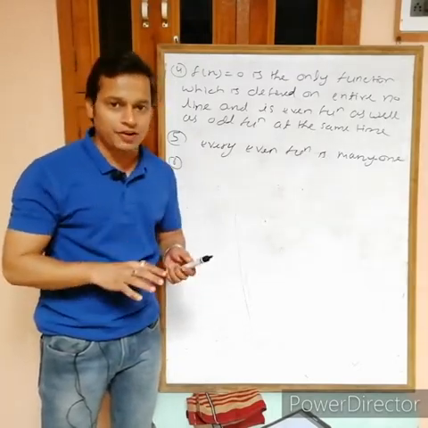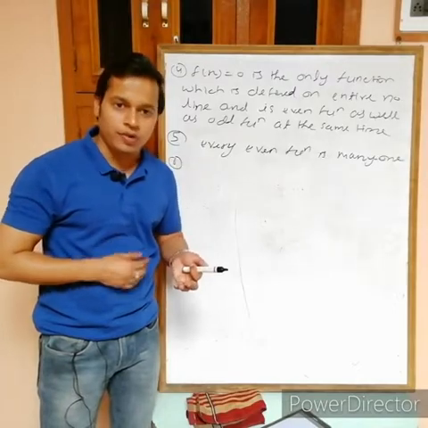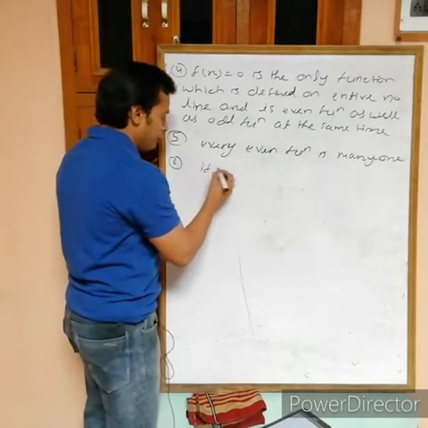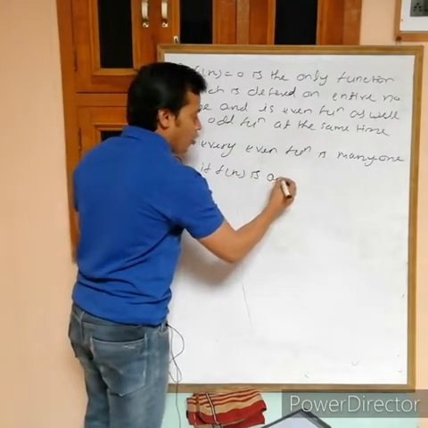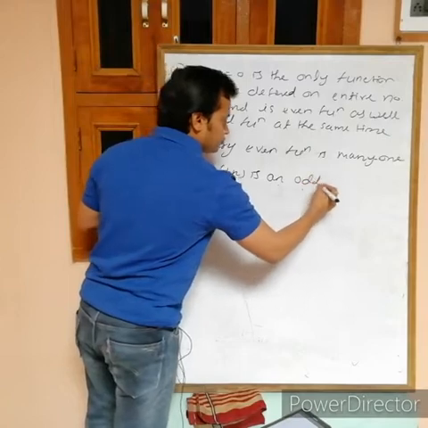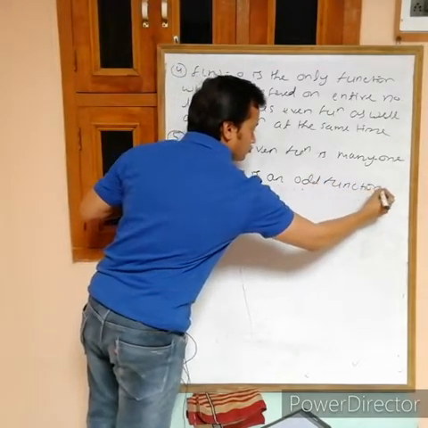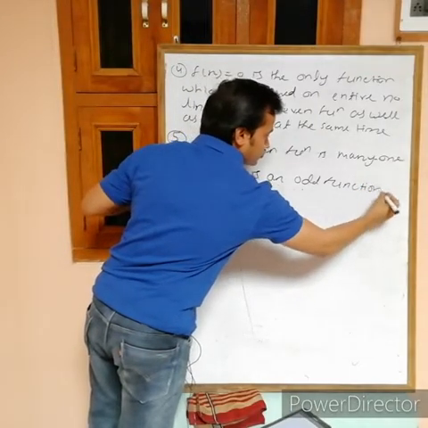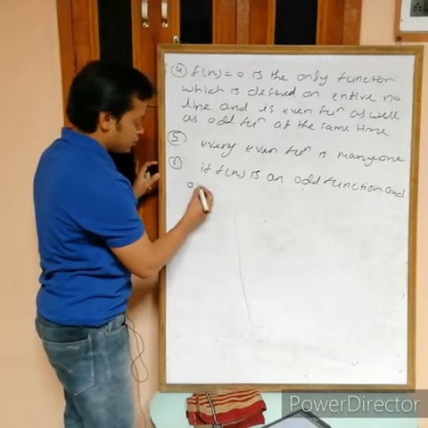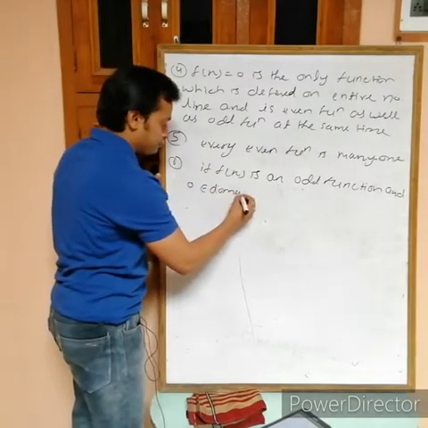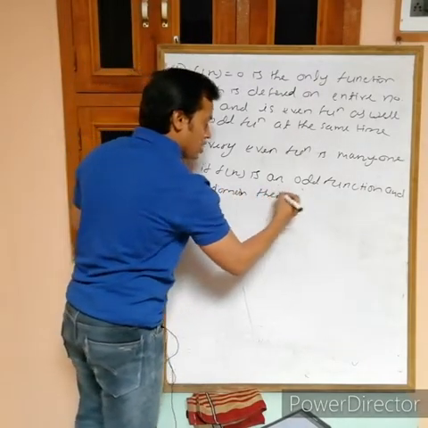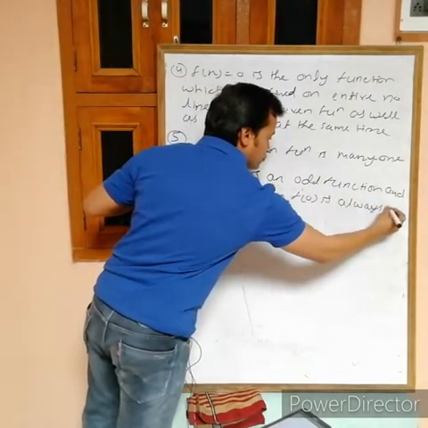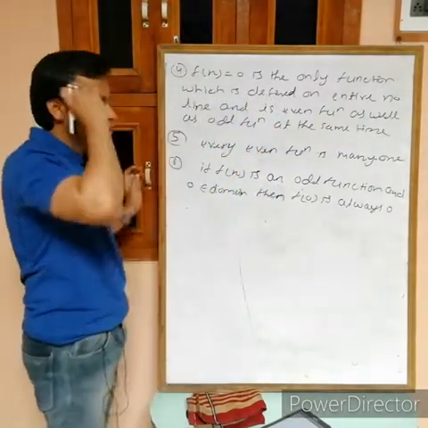So the sixth point is: if f(x) is an odd function and 0 belongs to the domain, then f(0) is always 0.